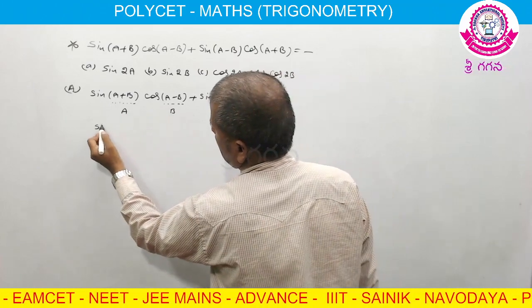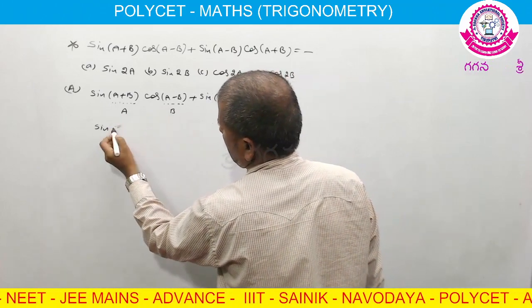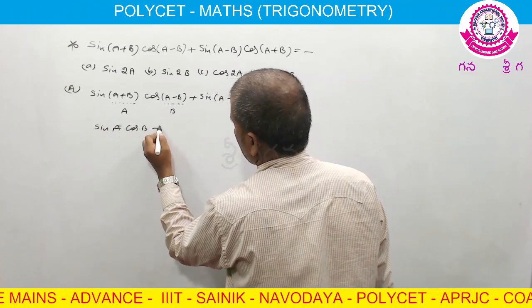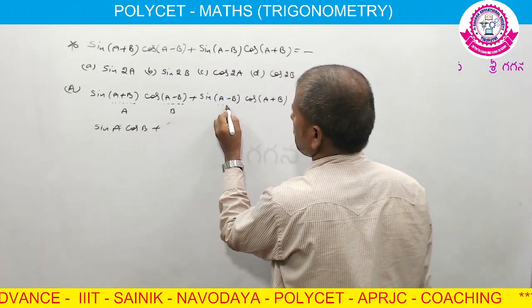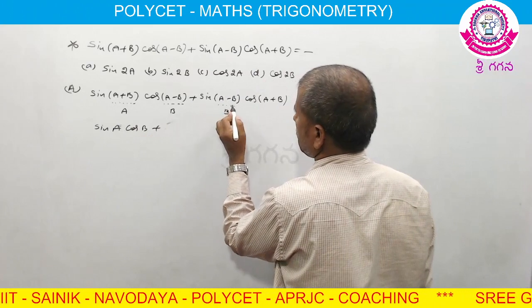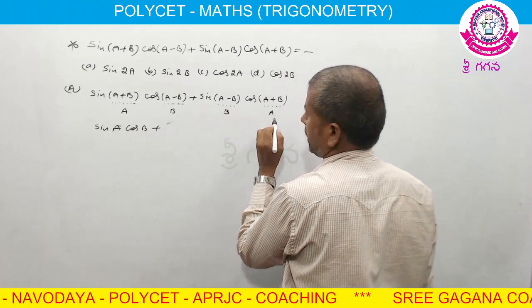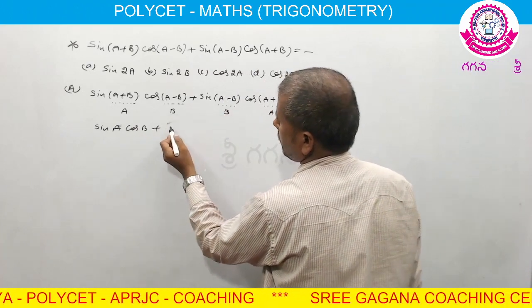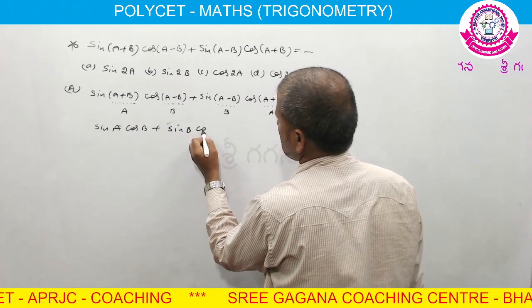So we convert it into the formula: sin a cos b plus sin b cos a.